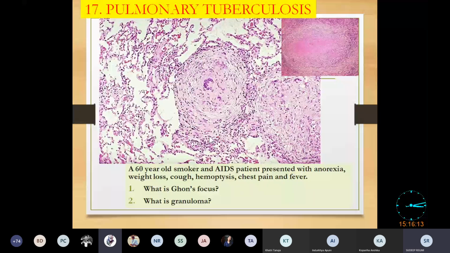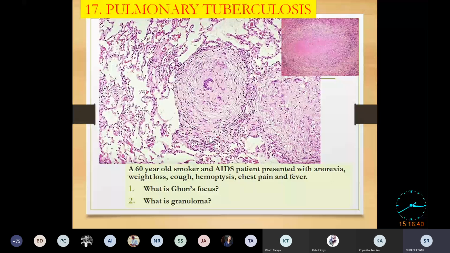So infiltrative neutrophils around the lesion, along with lymphocytes and plasma cells. Sorry. So neutrophils and plasma cells surrounding the lesion of tuberculosis.